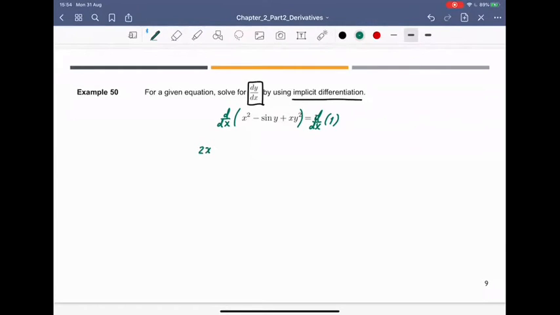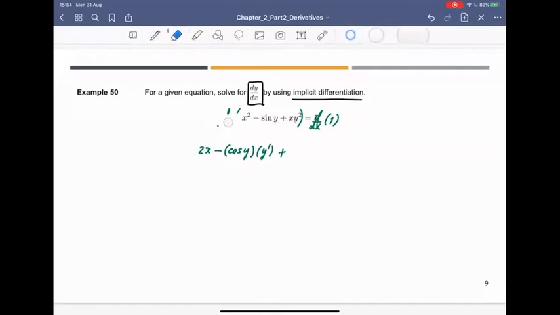Differentiate sine y, I get cosine. However, y is a function of x, so I have y prime by the chain rule. And then plus x y squared, again, I have to use product rule.